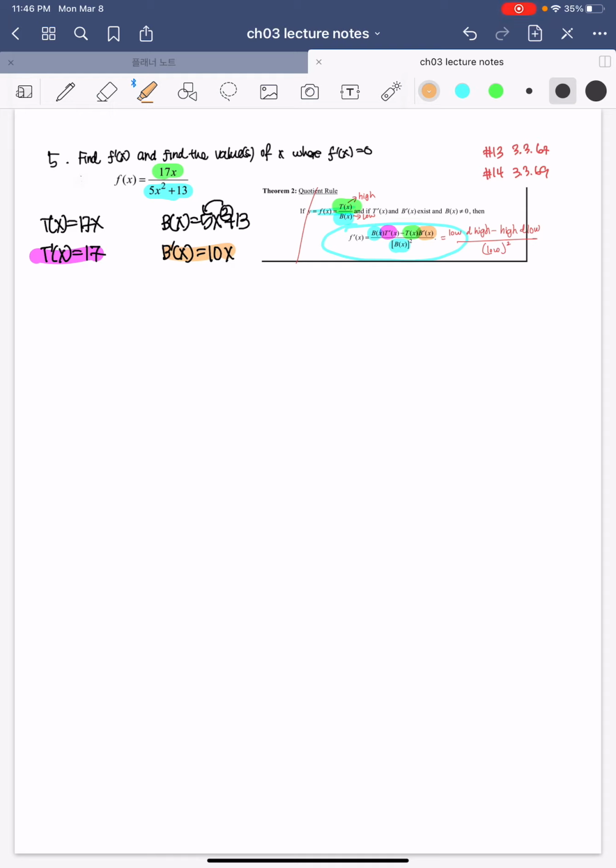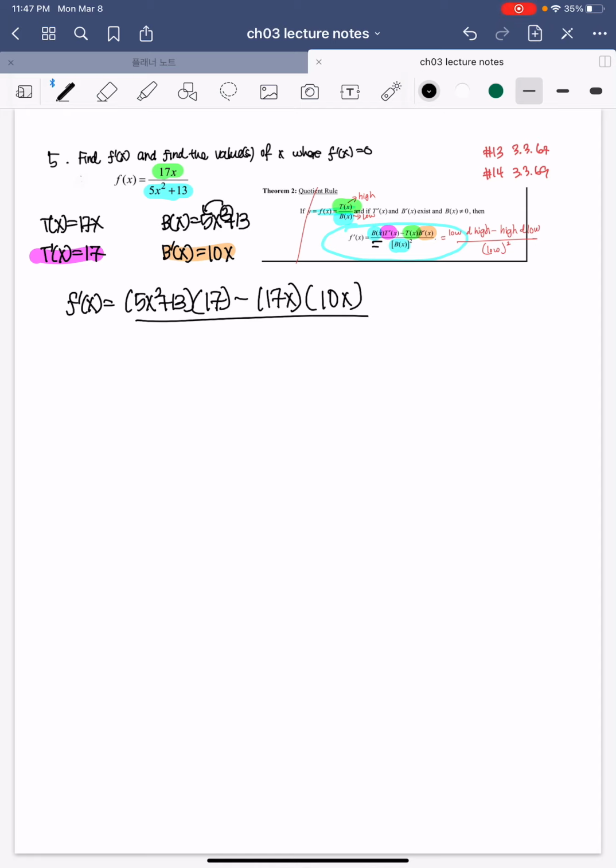So let's use the formula and plug it in. F prime is the blue one first, so 5x squared plus 13, times the pink one, 17, minus the green one, 17x, times b prime, 10x, all over the blue term, 5x squared plus 13, squared.